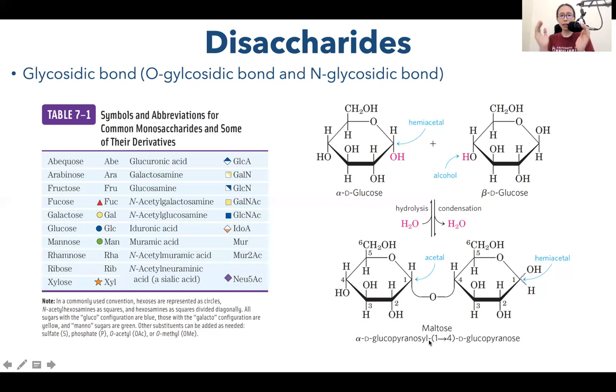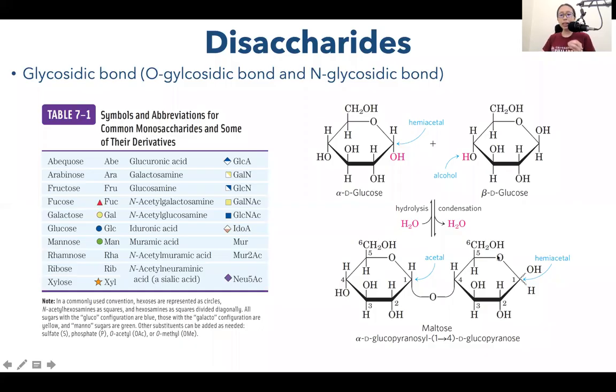Dash. Then we enclose in parentheses the numbers of the carbons involved in the glycosidic bond. So for maltose, in the leftmost unit, we have carbon 1. So we put there 1, followed by an arrow pointing to carbon 4, which is the carbon involved in the glycosidic bond in the second glucose unit.